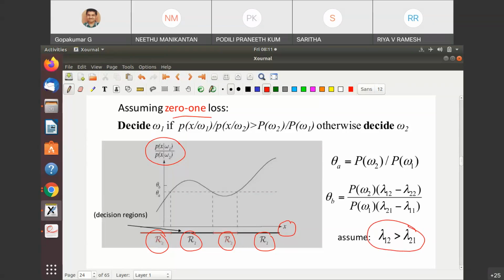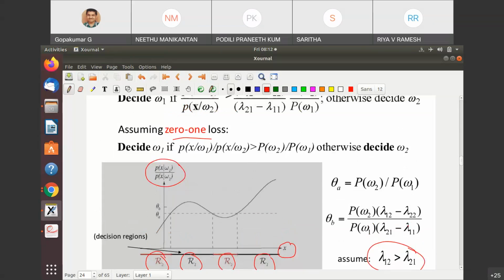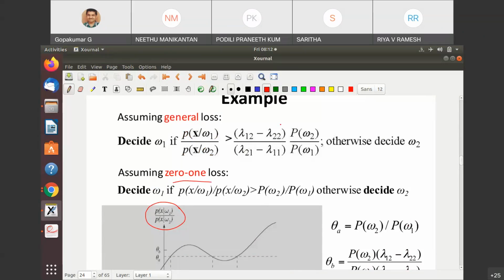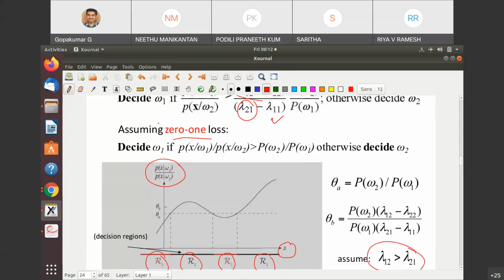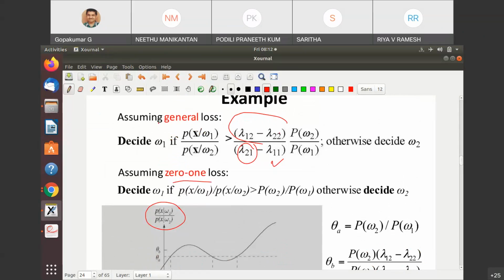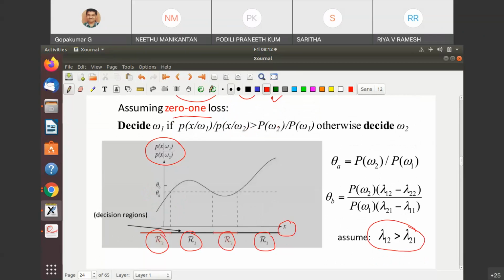Because lambda 2 2 and lambda 1 1 are going to be the same, if lambda 1 2 is greater than lambda 2 1, then we will have a larger likelihood ratio, and if it's the other way, then correspondingly we'll have a deviation in the likelihood value.